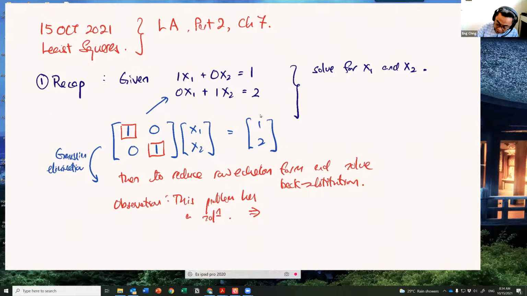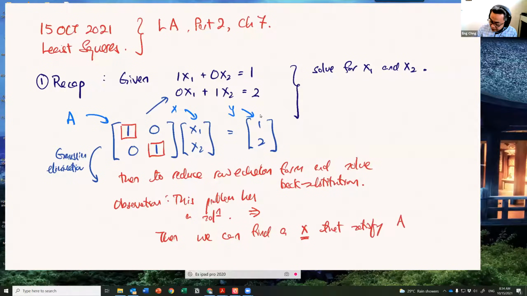If we call this matrix A, this vector X and this vector Y, then having a solution means we can find a vector X that satisfies AX equals Y. So there is such a solution and AX will be equal to Y.